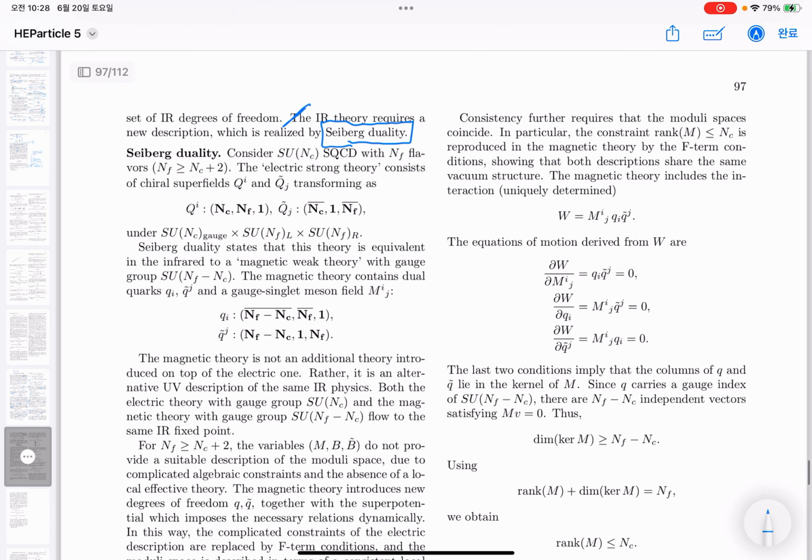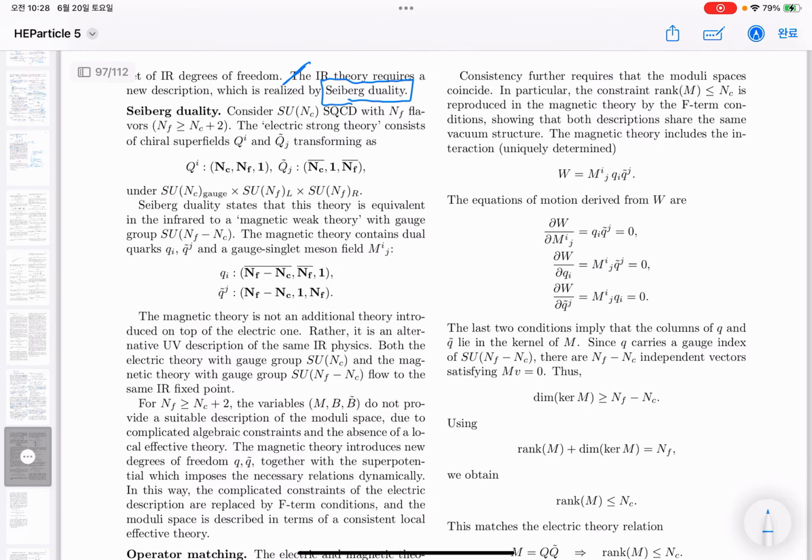So now let's talk about the case where N_up is larger than N_C plus 2. How can we describe the IR theory? We can introduce the electric strong theory consisting of the quark and the anti-quark superfields.